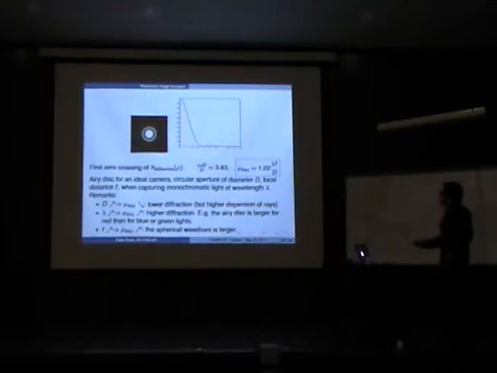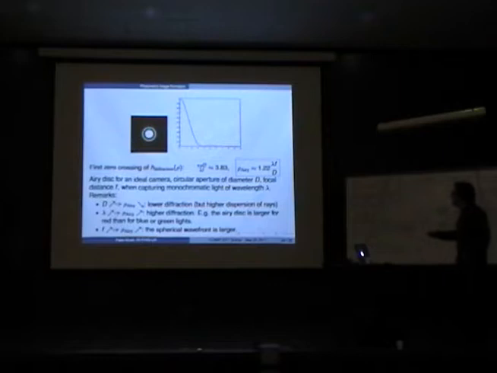So this is a plot of the previous function. The first zero crossing is here, 3.83. So this gives a formula to compute what is called the Airy pattern radius, which is 1.22 lambda f over d. And this is very important because this is really a measure of resolution.